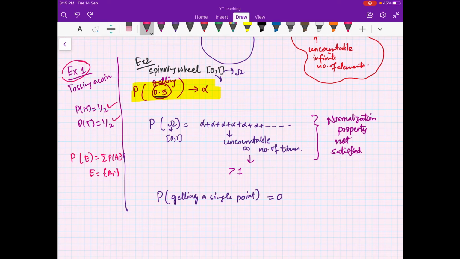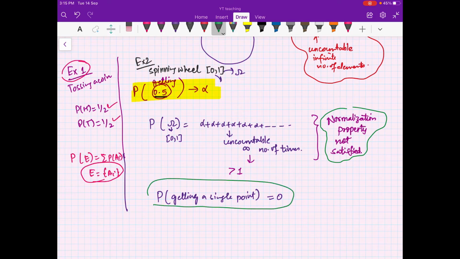There we had used this additivity law, right? But here, to comply with the normalization property, you have to assign zero probability to a single outcome, right? So that is sure.